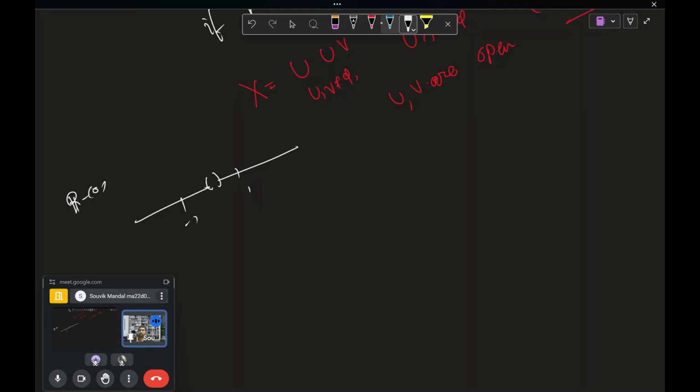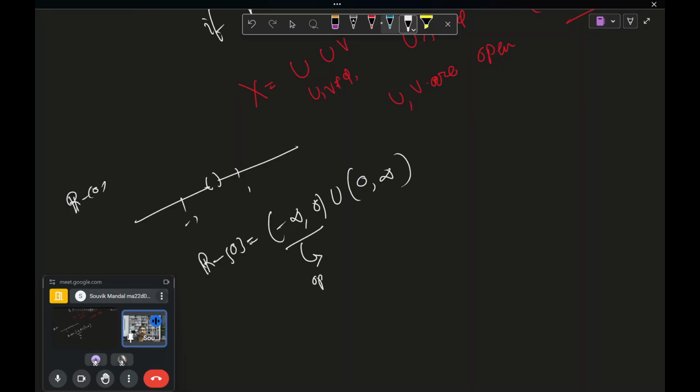In order to show something is disconnected, we need to show it has a separation, right? So we need to write R minus 0 as the union of U and V, where U and V satisfy those properties. So we can write R minus 0 as minus infinity comma 0 union 0 comma infinity.